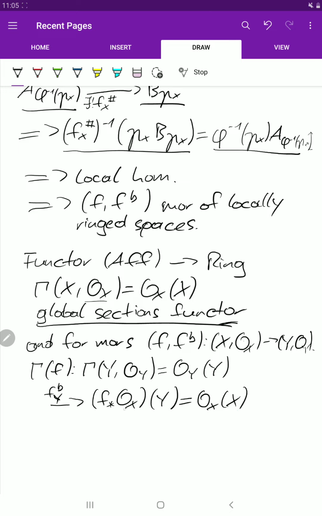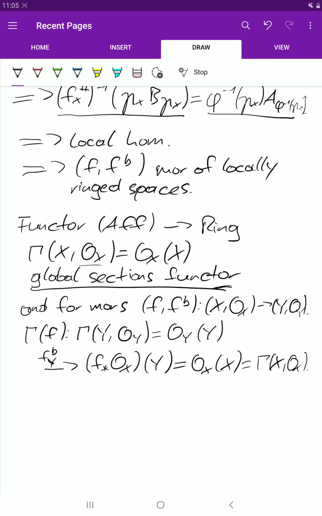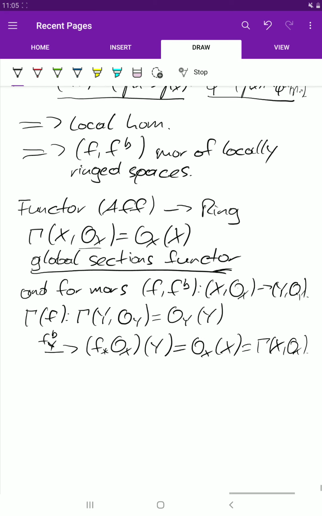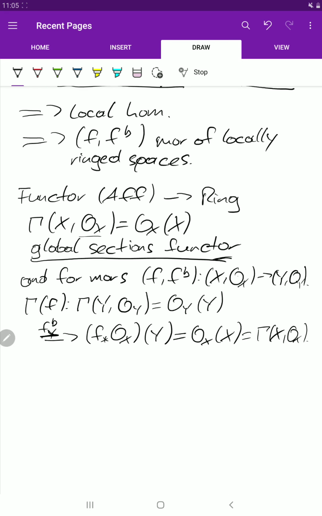Let's check why this is true. So we have O_X of the inverse image of Y, but the inverse image of Y is just X. So that's Gamma(X, O_X). Okay, so that's just what this functor does. And so that's basically just this f^# if we look at it on Y.